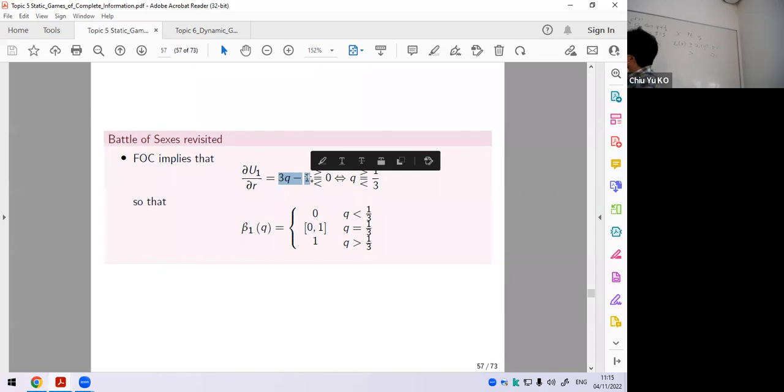Okay. And if Q is more than 1/3, this is positive. You want to increase R as much as possible, so R is equal to 1.